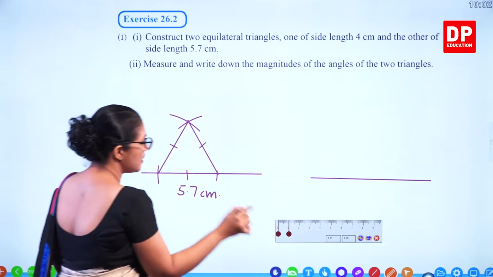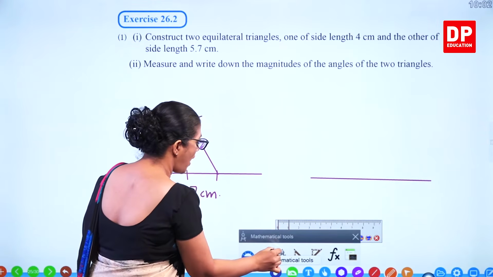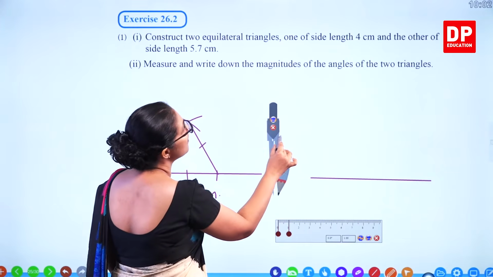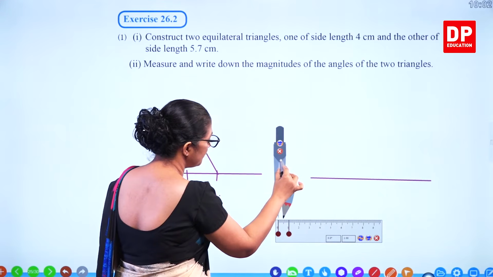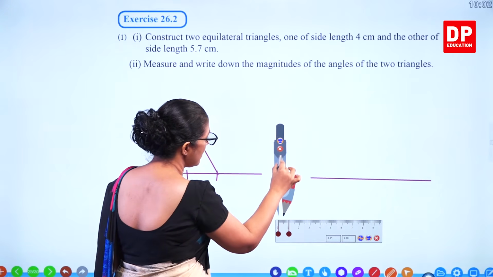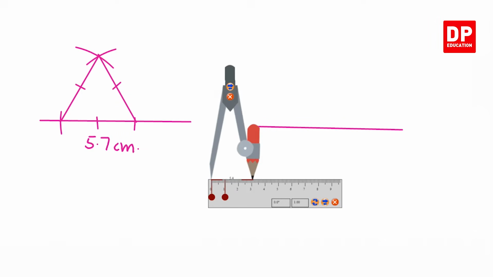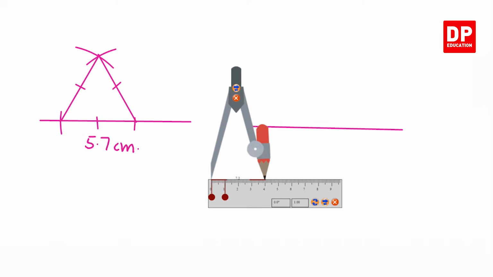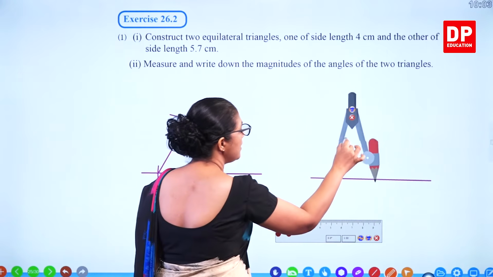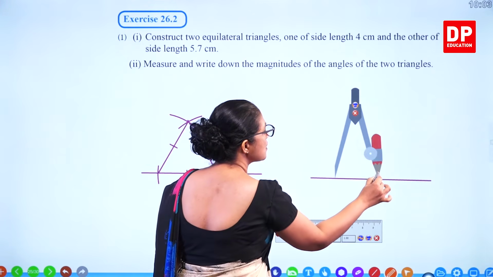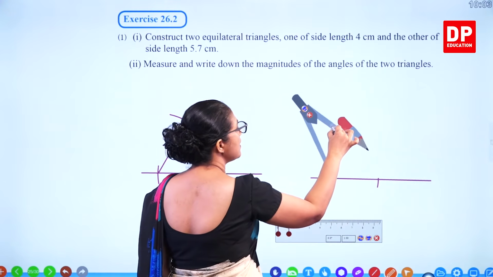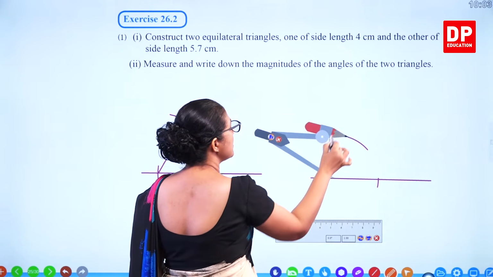And now we'll construct the triangle with side length 4 centimeters. You take the measurement now, 4 centimeter length, and first mark this point and a point in the middle.